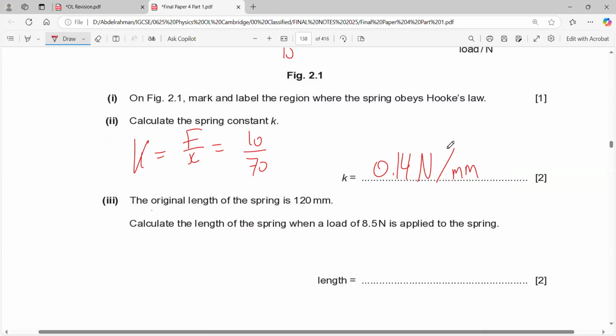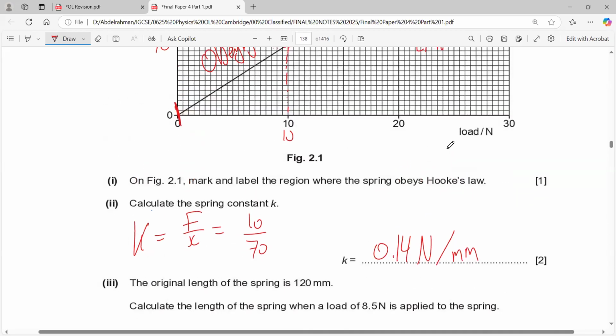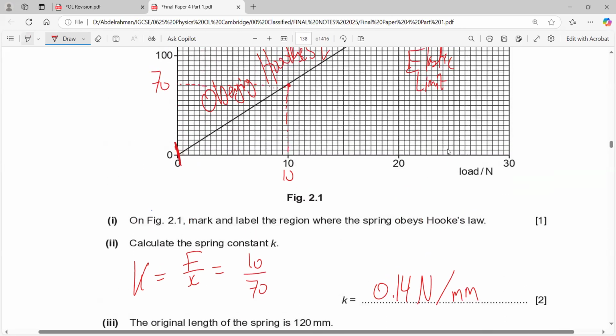Calculate the length of the spring when a load of 8.5 newtons is applied to the spring. يلا سهلة. Let's find 8.5 on the graph. This is 5, this is 6, 7, 8, 8.5 at this point exactly.